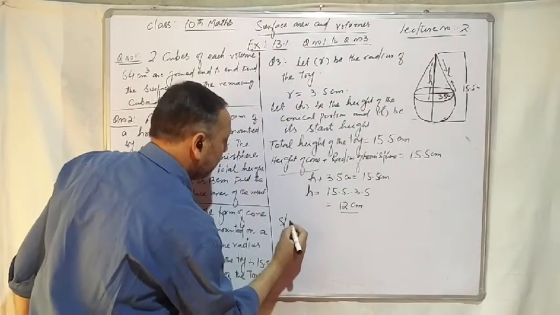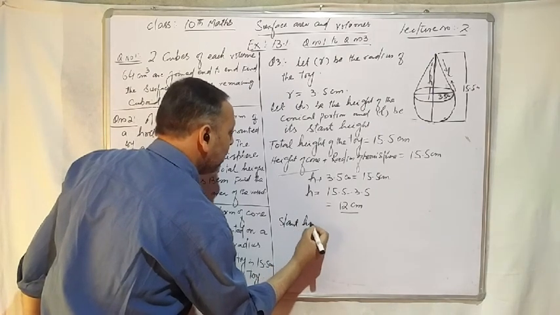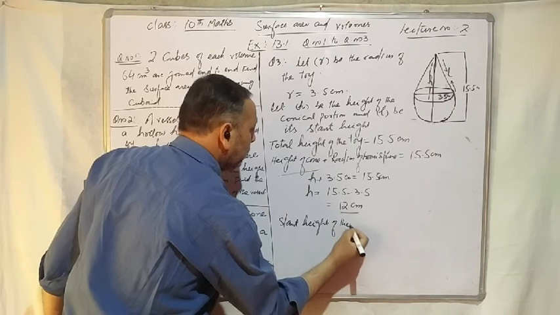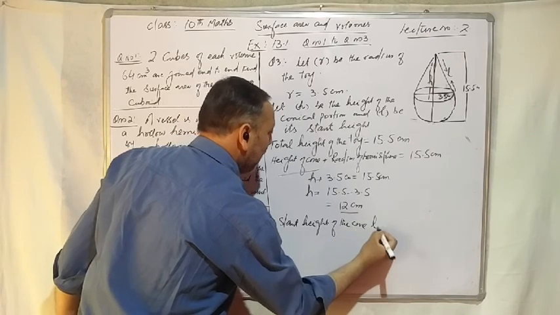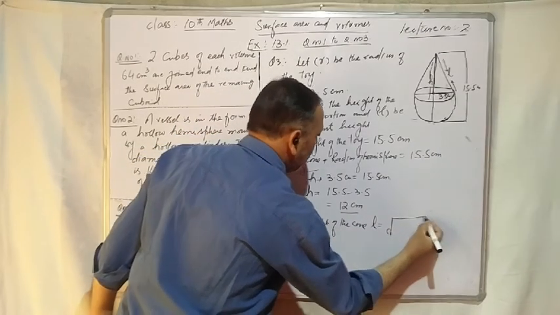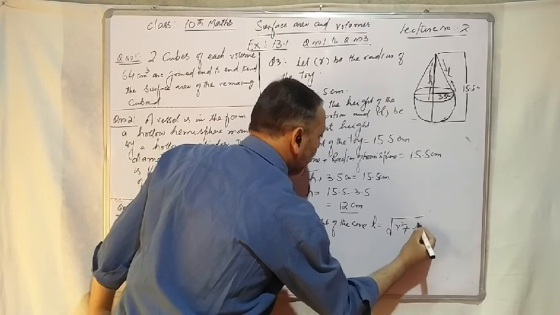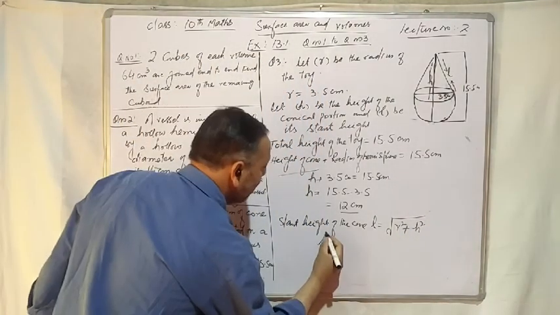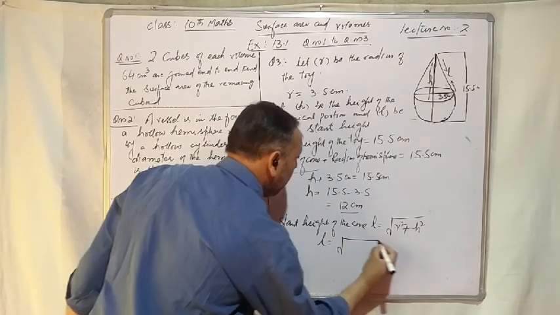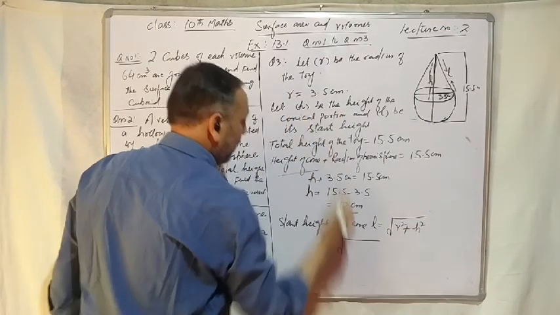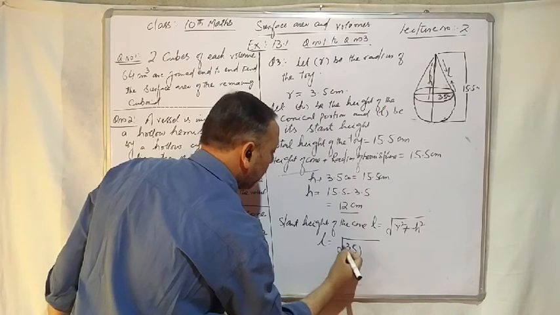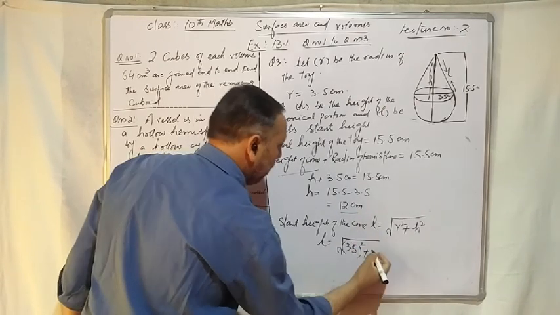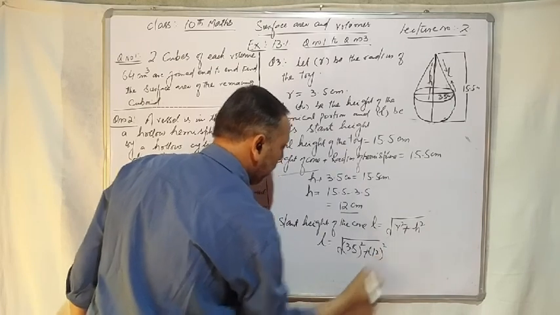Now slant height of the cone, L is equal to under root of radius square plus height square, r square plus h square. What is r? It is 3.5 whole square. H is 12, 12 whole square.